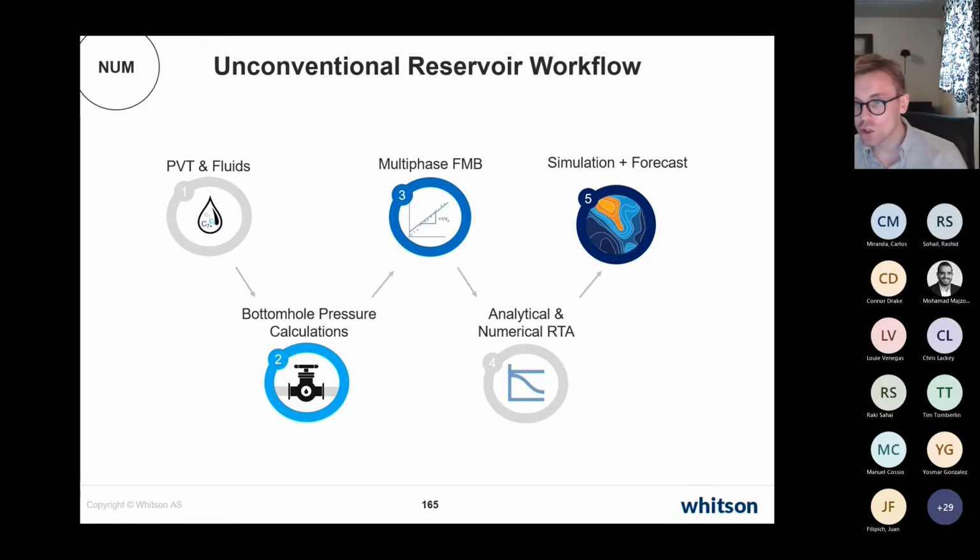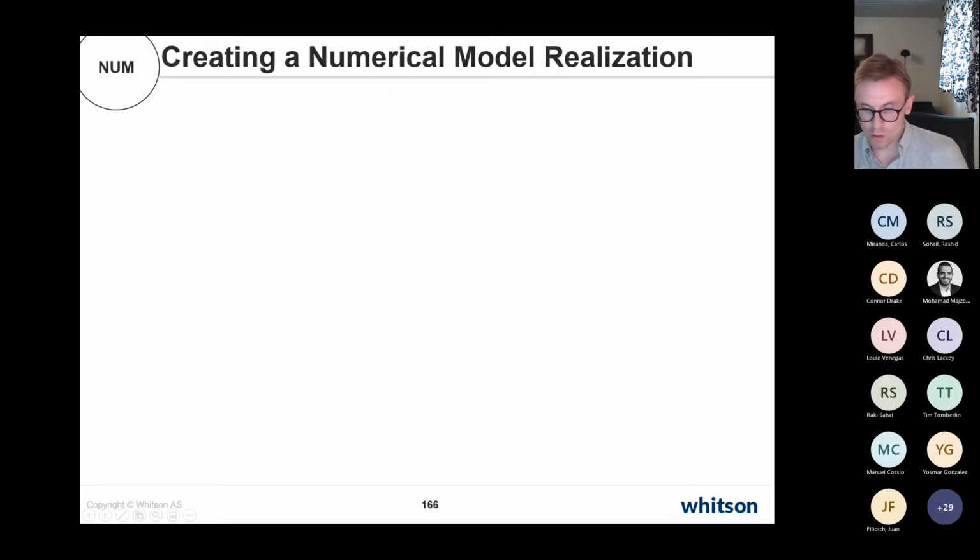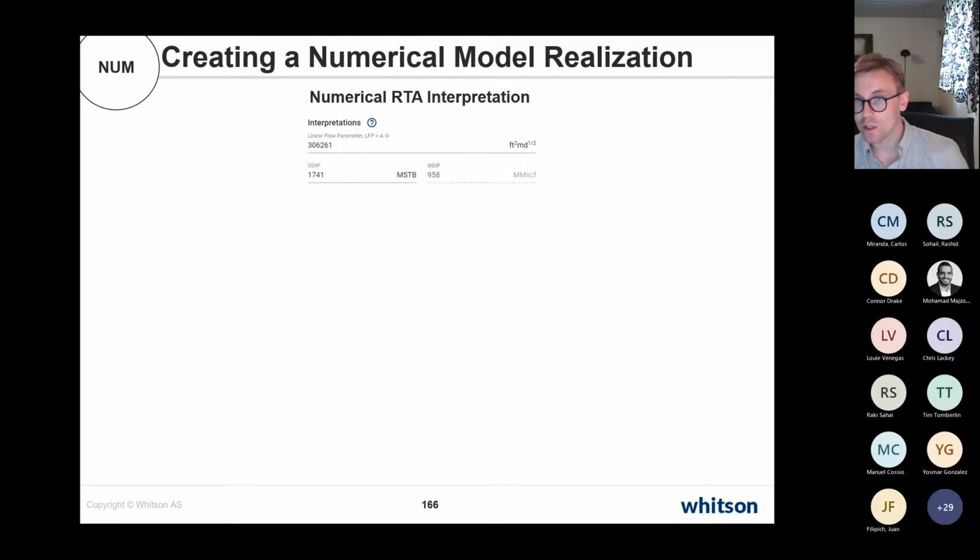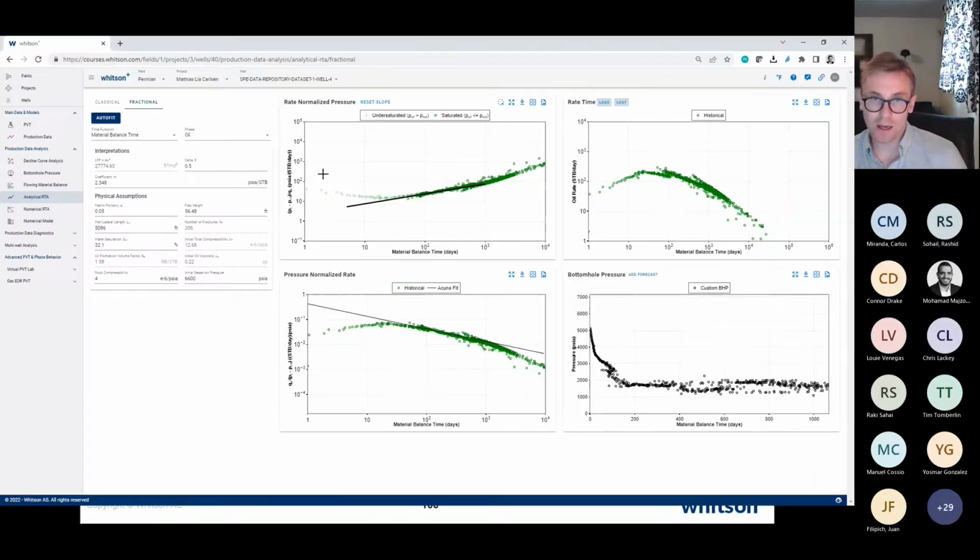So one of those will always give the same well performance, but it will just simply be one realization of your RTA interpretation. So when it comes to the software, you pick a numerical RTA, LFP, and oil in place.